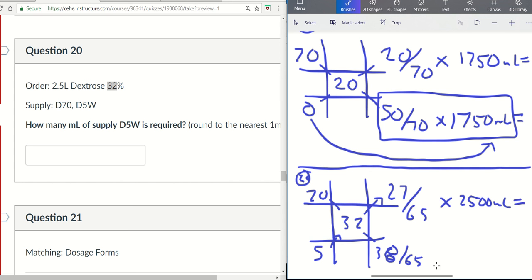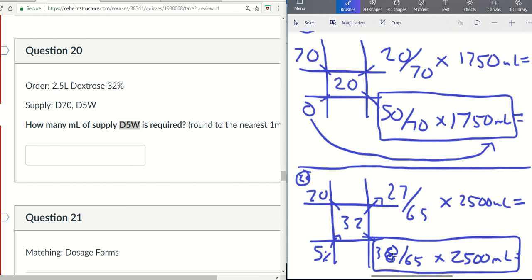Final volume, 2.5 liters, which is 2,500 mLs. Do we want the top number or the bottom number? So D5 again, here's the 5%. So just punch in 38 divided by 65 times 2,500. Round to the nearest 1 mL.